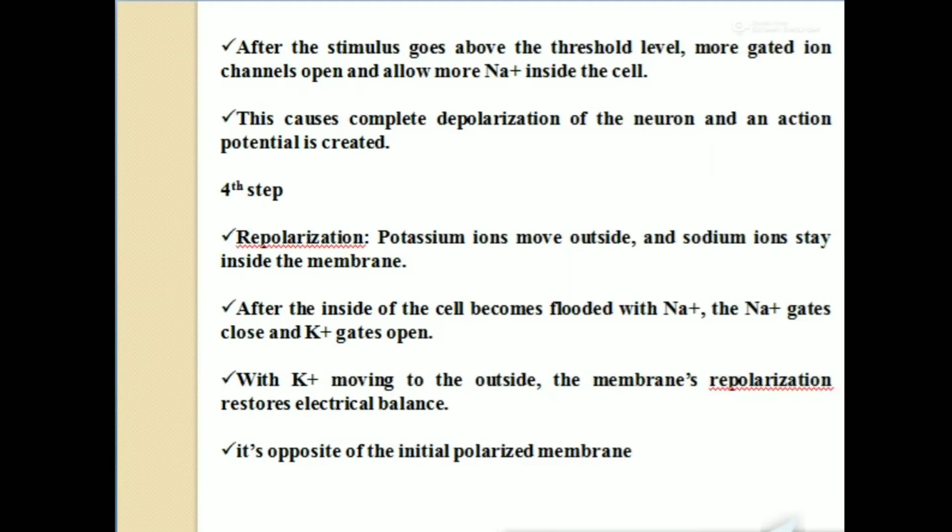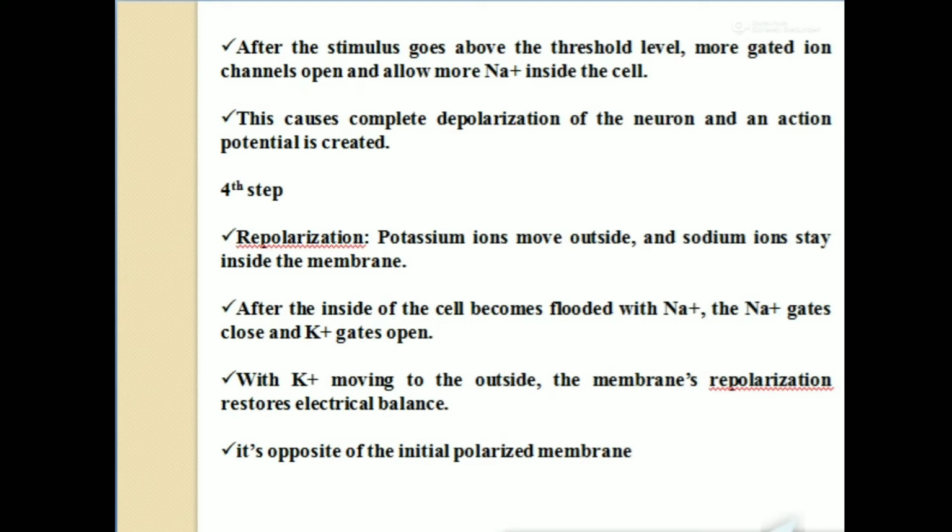After the stimulus goes above the threshold level, more gated ion channels open and allow more sodium inside the cell. This causes complete depolarization of the neuron, and an action potential is created. What is action potential?